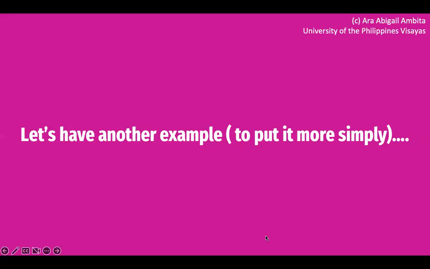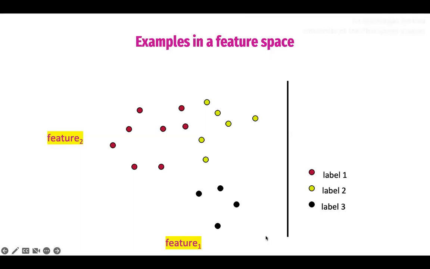Let's have another example to put it more simply. Suppose we have here 2 features that are visualized in a feature space, wherein we have samples that may be classified as label 1, label 2, or label 3.